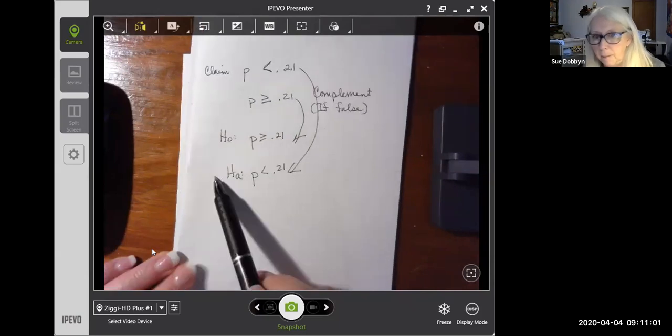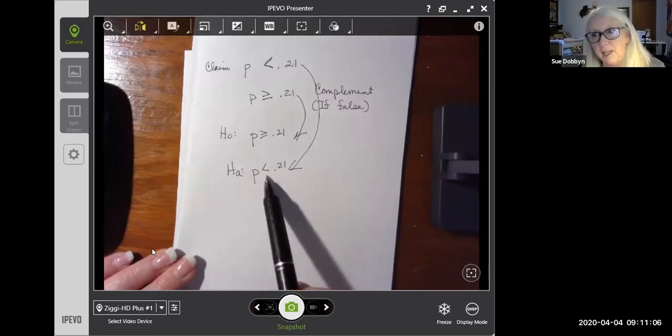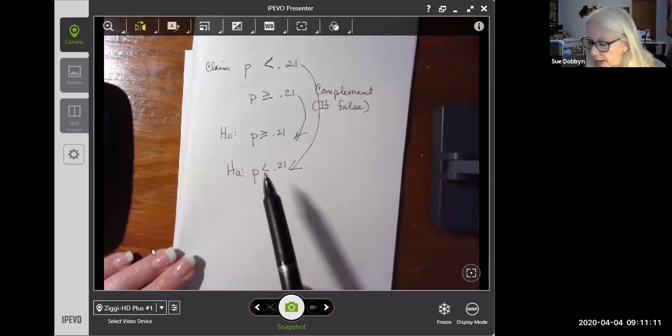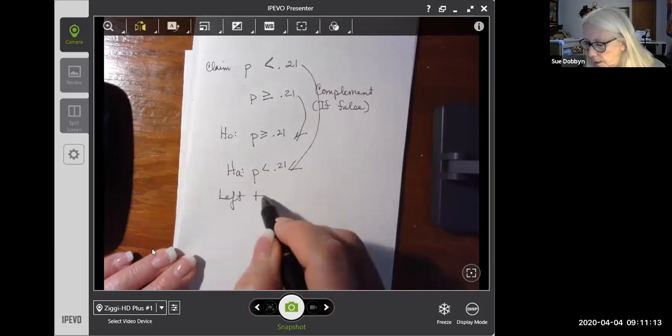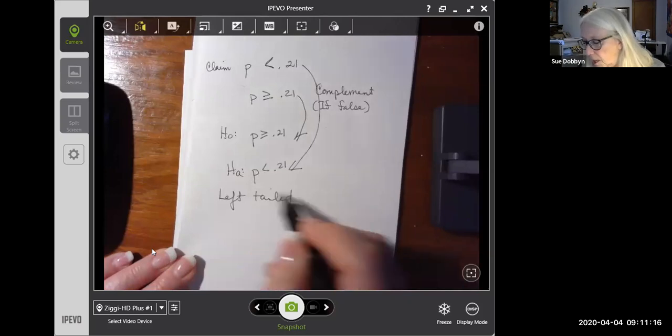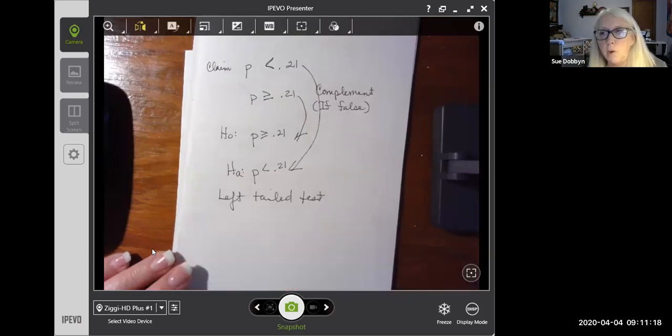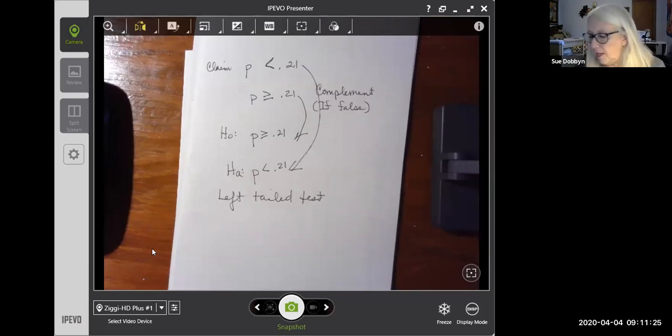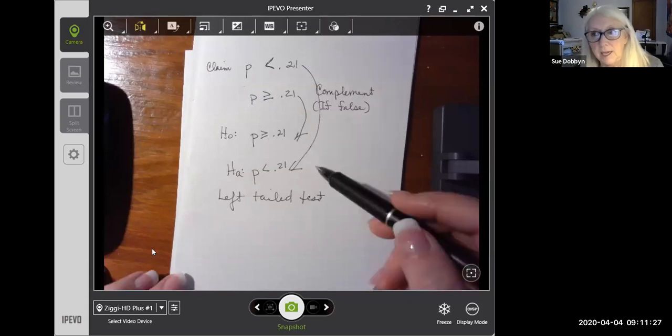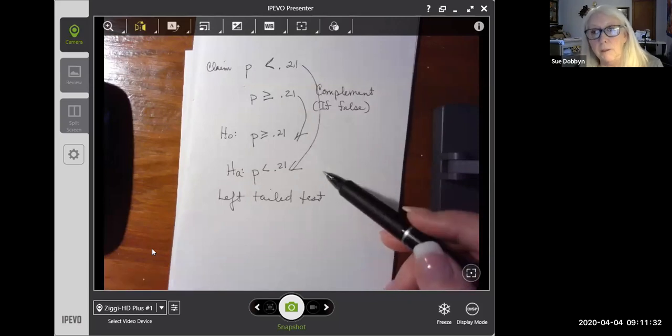Because when you have an alternative hypothesis that has the inequality to the left, the less than symbol, then that is a left-tailed test. And when you're doing this in StatCrunch, you have to identify the direction of the alternative hypothesis. So if you fail to get this right, then you'll miss most elements of the hypothesis test. Okay, so I can't overemphasize how important this is.